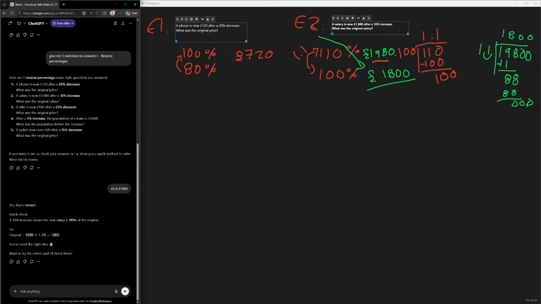Now this one is pretty similar, it just has a decrease. From here we said 100 plus 10, and so for the other we need to put 100 minus 20. The phone is after a 20% decrease.